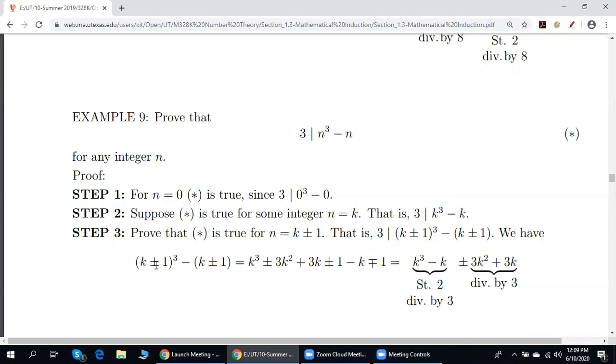If instead of plus minus, in both cases we have plus, if we have plus here and plus here, (k plus 1) cubed is k cubed plus 3k squared plus 3k plus 1. Once again, if here plus, after we expand parentheses, we get minus.